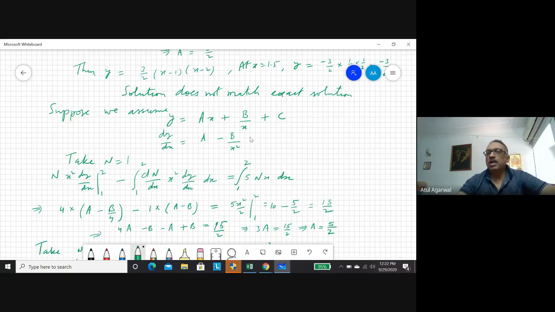Either we use x is equal to 1 and put y is equal to 0. We add that equation. Then we put x is equal to 2 and generate another equation. So that way we'll have two equations for these two unknowns. Already we have found a is equal to 2.5. So we can find b and c so as to satisfy boundary conditions.